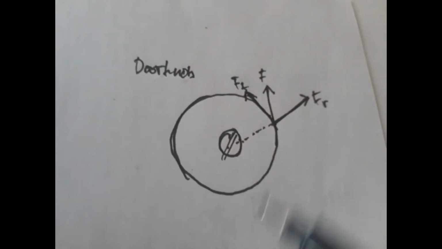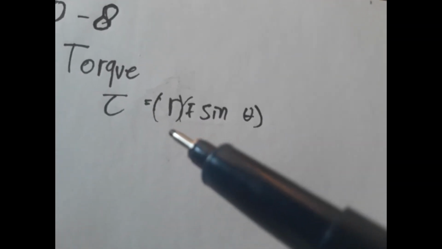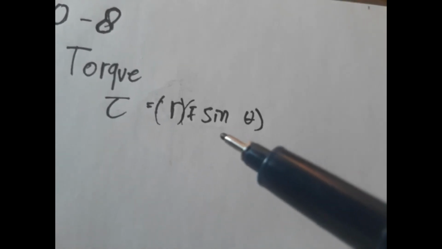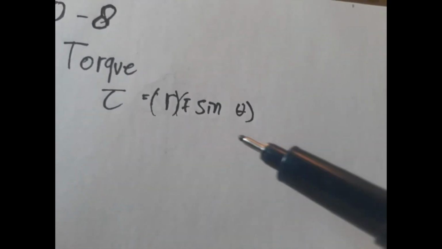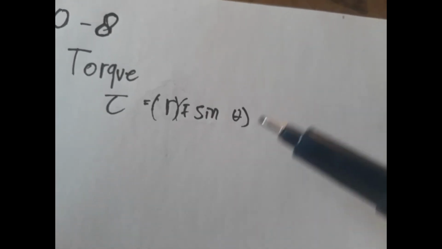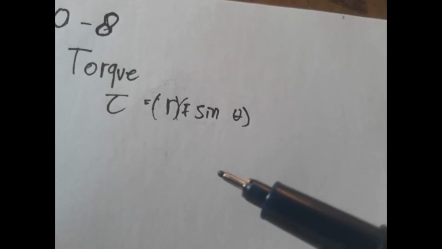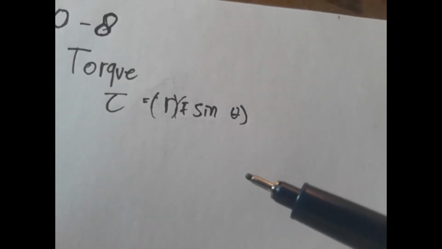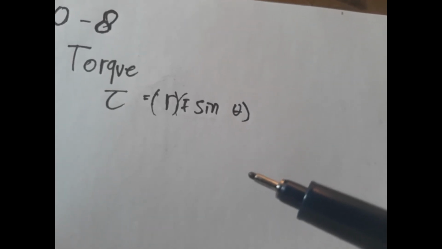Now from this phenomenon, we get that torque equals radius times force times sin of the angle at which the force is applied. This means that the torque is a product of the magnitude of the tangential component Ft and how far from the center the force is applied.